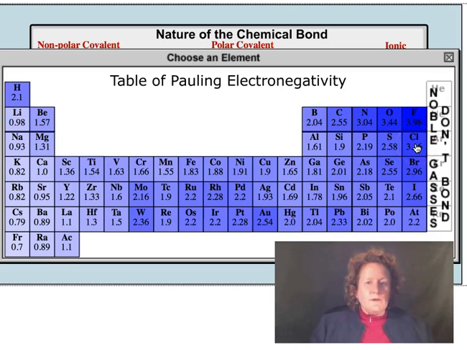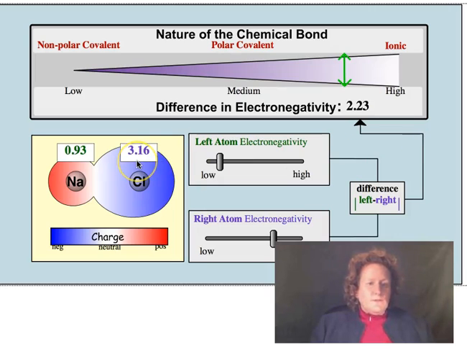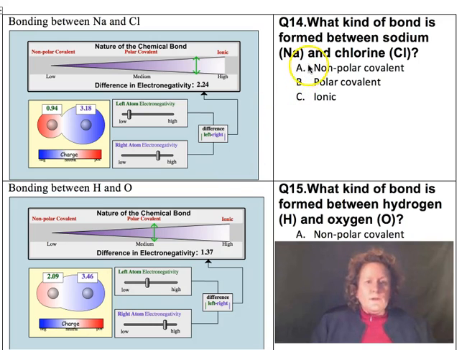So I'll click on chlorine to get that electronegativity to show up. And now you see there's a pretty big difference in electronegativity, 0.93, 3.16. That puts us in the ionic range here. So for the difference between sodium and chlorine, make sure that you put ionic. So we just answered number 14.